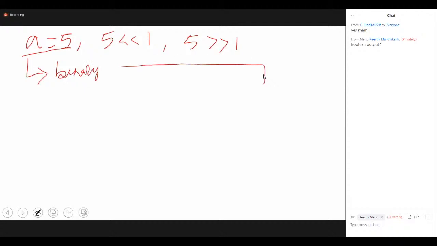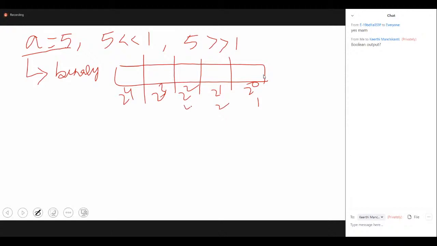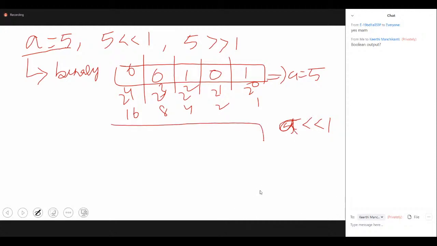So you take 2 power 0, 2 power 1, 2 square, 2 cube, 2 power 4: 1, 2, 4, 8, 16. The other bits are zeros. 4 plus 1 is 5. This is your representation of A is equal to 5. Now what is it asking you to do? 5 left shift by 1. You have to shift your bits.